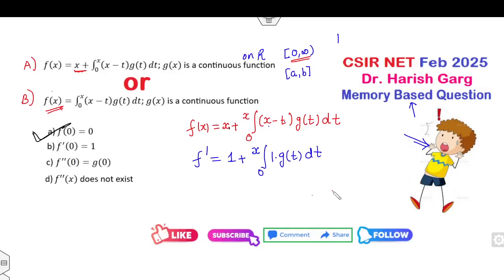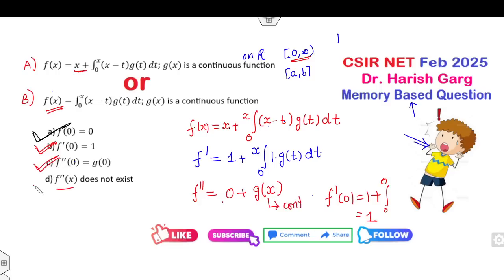Can you find f dash of 0? It will be 1 plus the integral from 0 to 0, so the answer is 1. In that case, this is also correct. Can you find the second derivative? The 1 becomes 0, and it is g of x. So this answer is also correct. And again f double dash exists, because g is a continuous function. So all options are correct for this first problem, while for the second problem the second B option is wrong and the rest are correct. And I think your reaction will change from this to happiness.